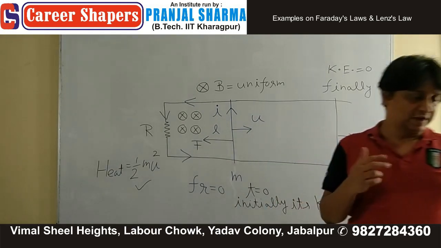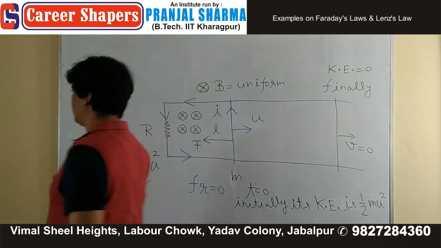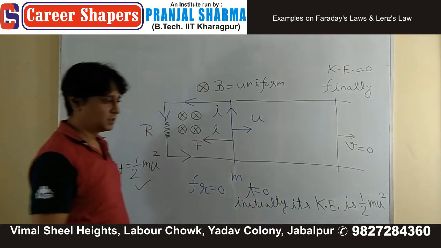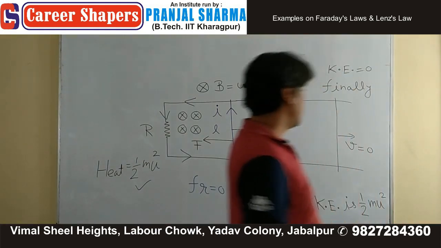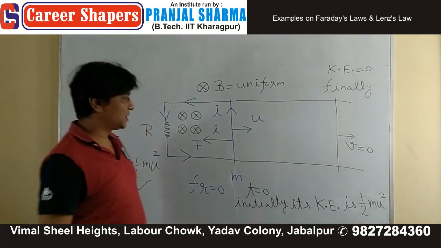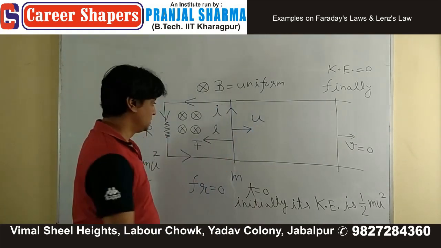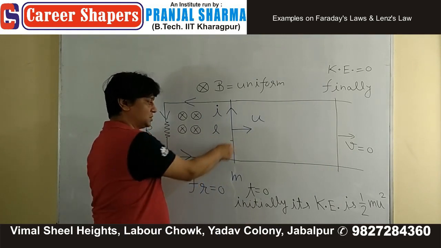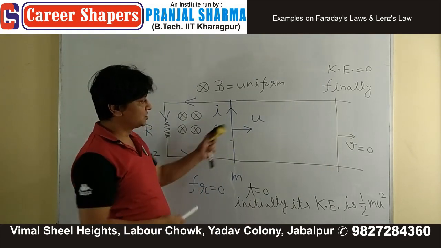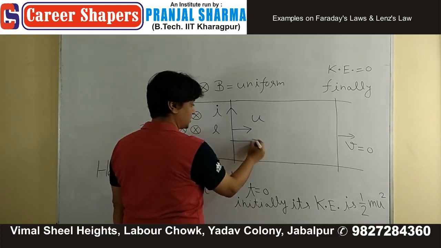Now, when we say that Lenz's law is based on energy conservation, what is the reason behind this? Let's understand this part also. Lenz says that whatever is the cause, the induced EMF will oppose it. Suppose, imagine a situation that the rod is moving in this direction and the force also develops in this direction.